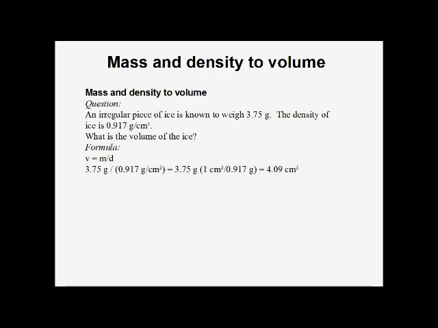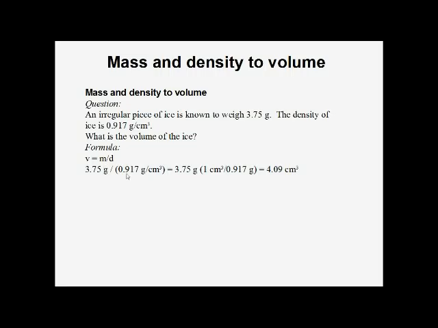We know that for density to give us volume as a numerator, it has to be in the denominator of the denominator. Remember, it's in the denominator of density. So to get it in the numerator, the density has to be in the denominator. So we have cubic centimeters in the denominator of the denominator, which gives us it in the numerator. So we do mass divided by density, and we end up with 4.09 cubic centimeters.